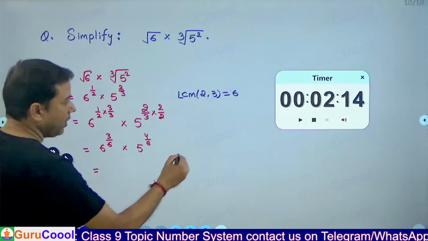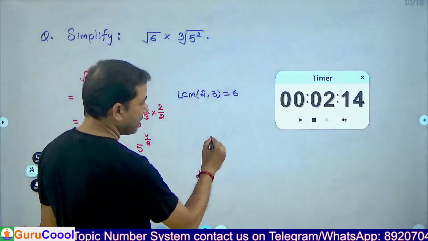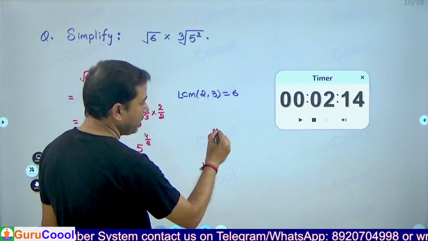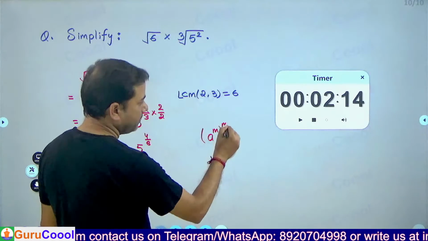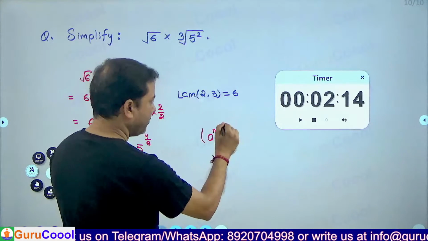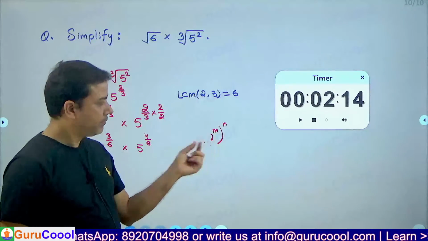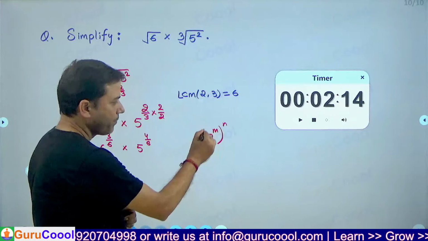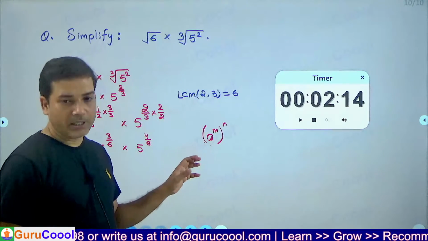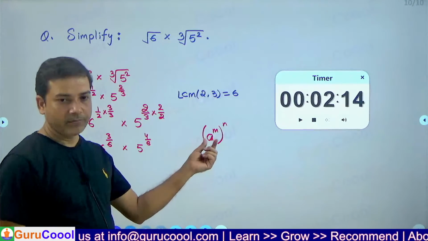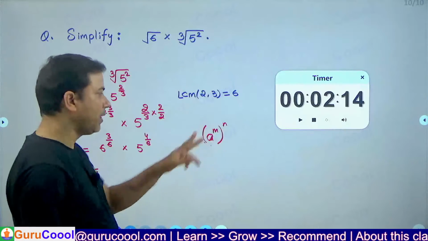So there is a law of exponent which says that if you have a power to the power, one power over another power, have you seen this earlier? Yes, sir. What to do in this case? M and N will be multiplied. Exactly. The two powers get multiplied.